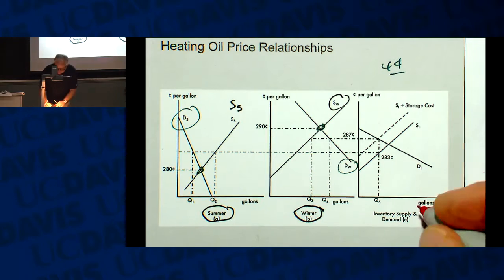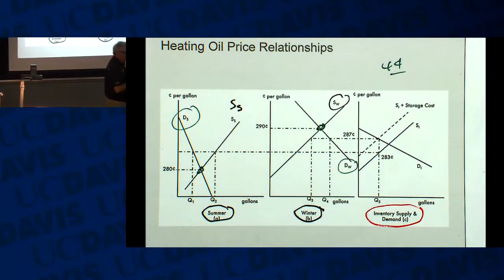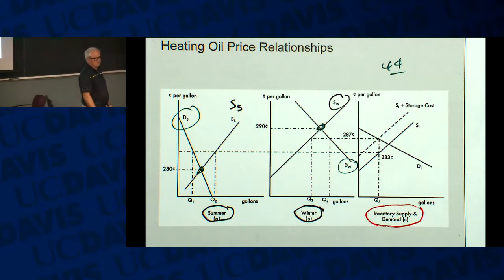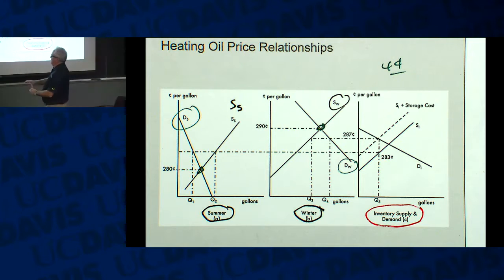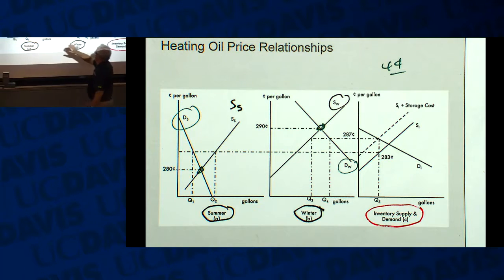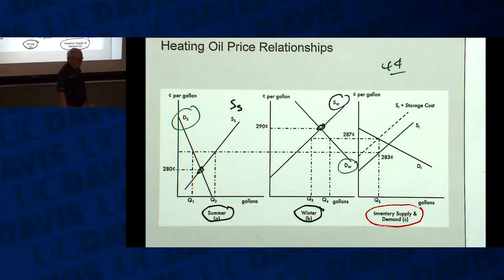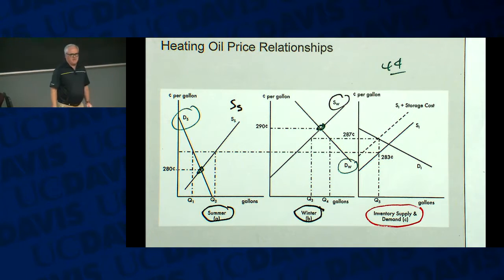So over on the right-hand side, I've drawn what we call inventory supply and demand. So that's really the storage market. And that storage market is going to depend on what's happening over here and what's happening over here. So let's just focus on the summer. In the summertime, if the price is $2.80, supply equals demand, there's no excess heating oil.